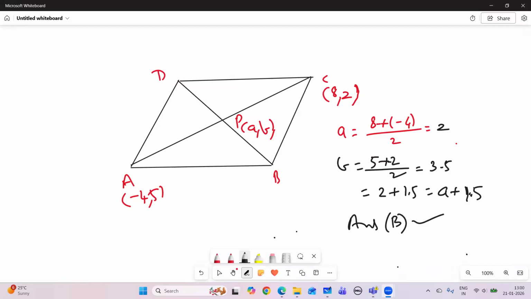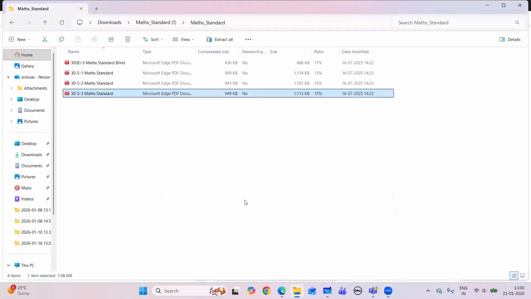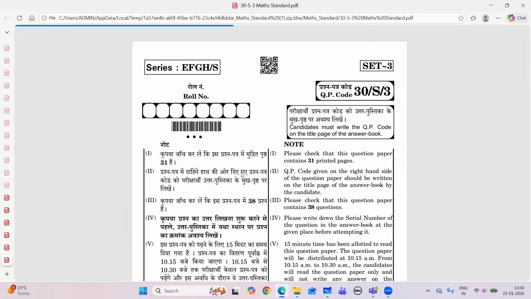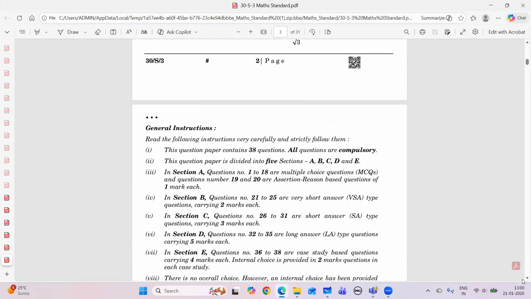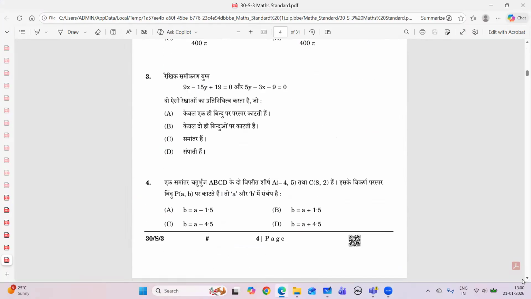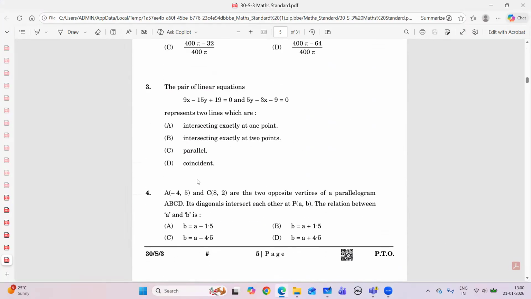So let us look at the question once again. We are given that A(-4, 5) and C(8, 2) are two opposite vertices of a parallelogram ABCD.